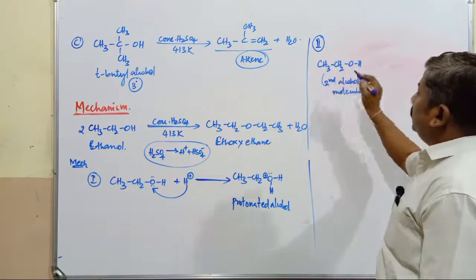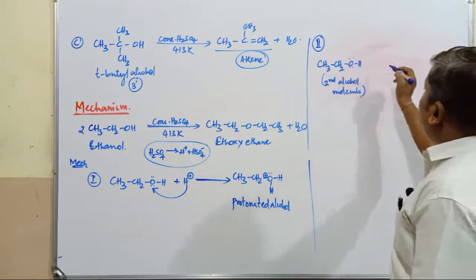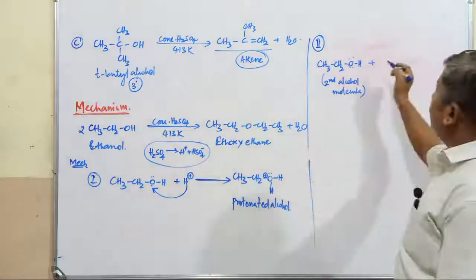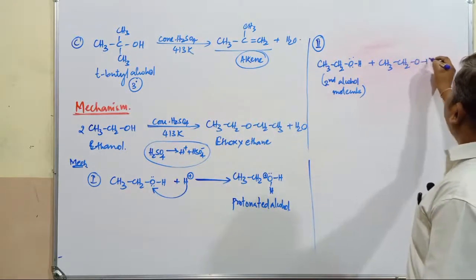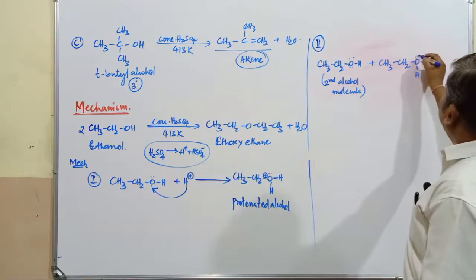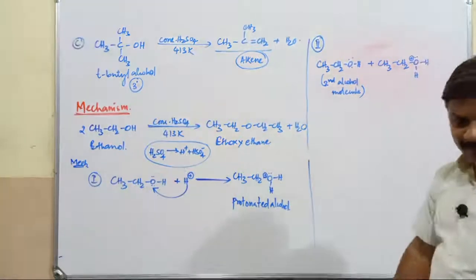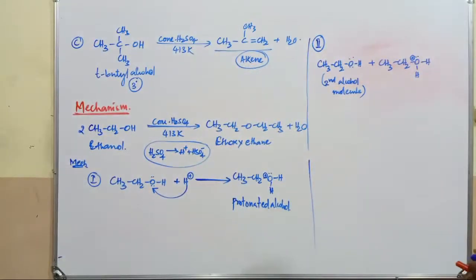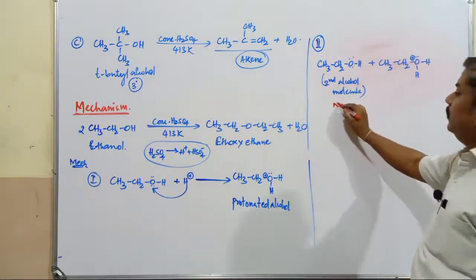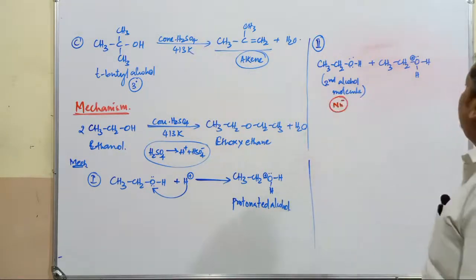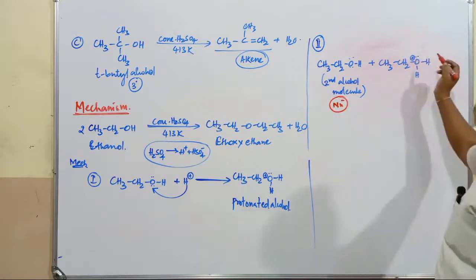It has a lone pair of electrons, plus the protonated alcohol is there. CH3, this is CH2, this is OH, this is H and positive charge. One thing to remember here: this alcohol acts as a nucleophile. When this alcohol nucleophile attacks this molecule, how does the attack take place?